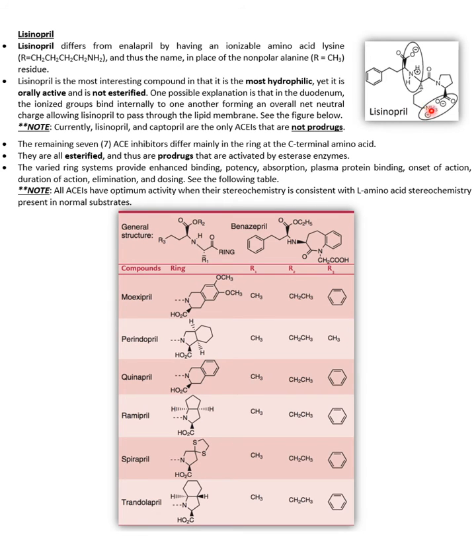So you have one positive charge, the carboxylic group negative, carboxylic negative, and of course there is an internal charge here, the positive charge as part of the amino acids. So although it's more hydrophilic, it is still able to cross the gut wall, and there's a reason for that.